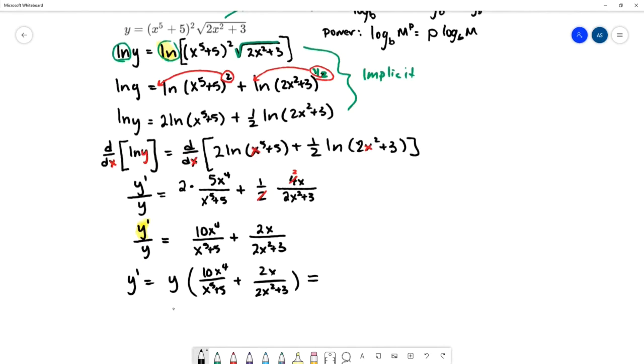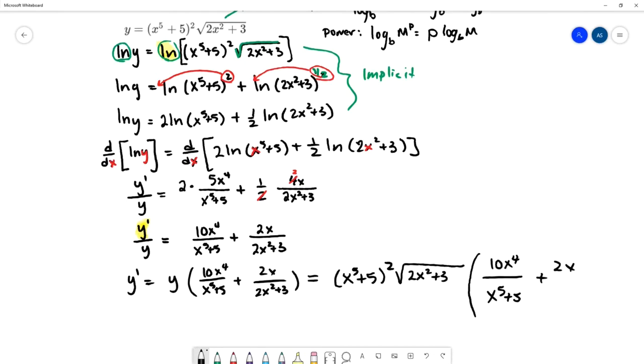So we can write this as x to the 5th plus 5 squared times the square root of 2x squared plus 3 times 10x to the 4th over x to the 5th plus 5 plus 2x over 2x squared plus 3.